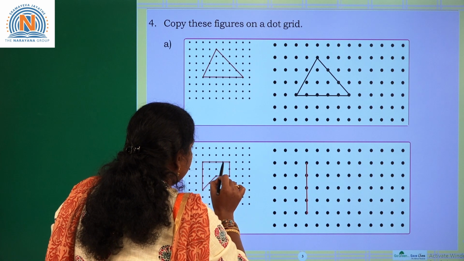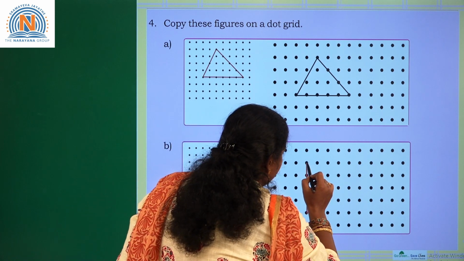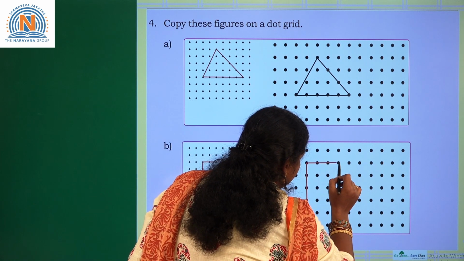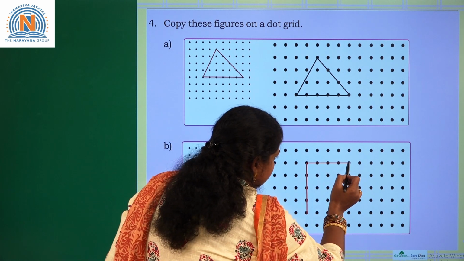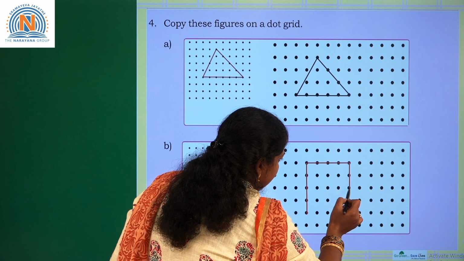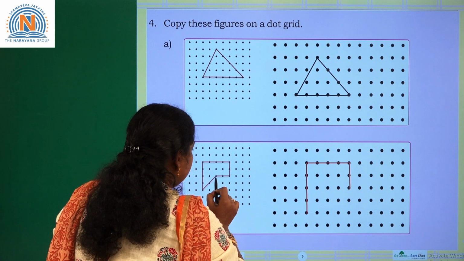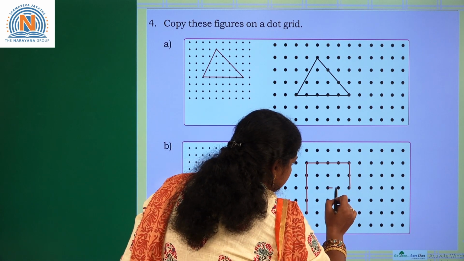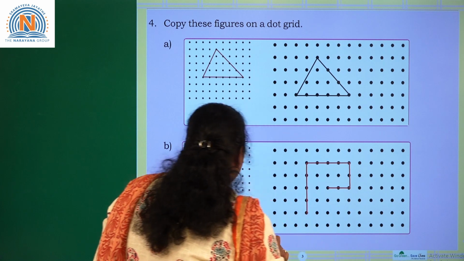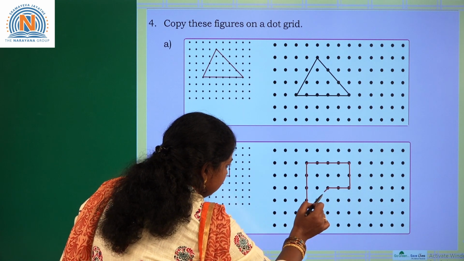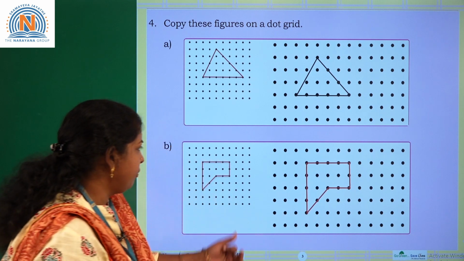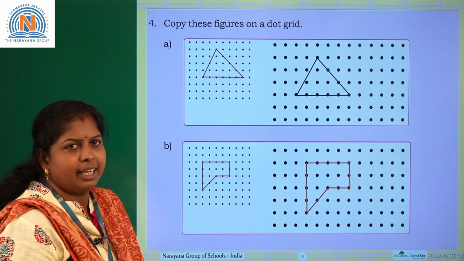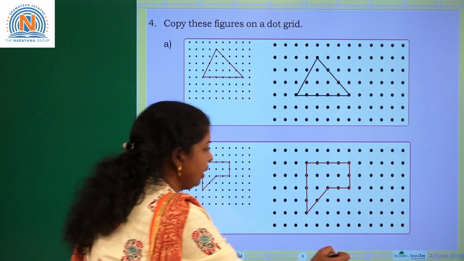Another 5 points horizontally, and then 3 points. And here again horizontally 3 points, and from there diagonally 3 points, right? Same figure was formed. Is it correct? Yes. Let's move to the next page.